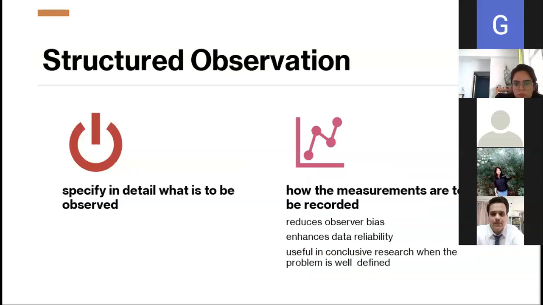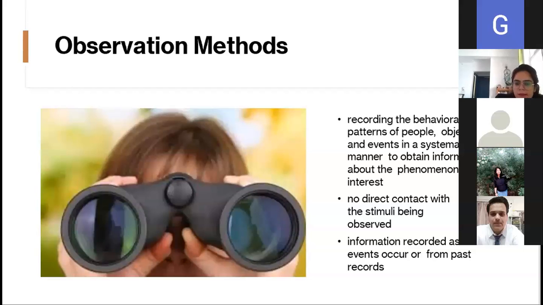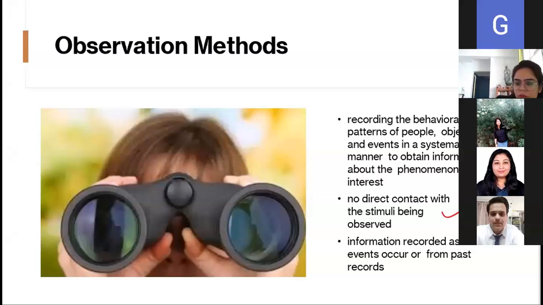Can you give me any example of observation? Observation methods: recording the behavior patterns of people and objects. There's no direct contact with the stimuli being observed, and information is recorded as the events occur, or from past records.